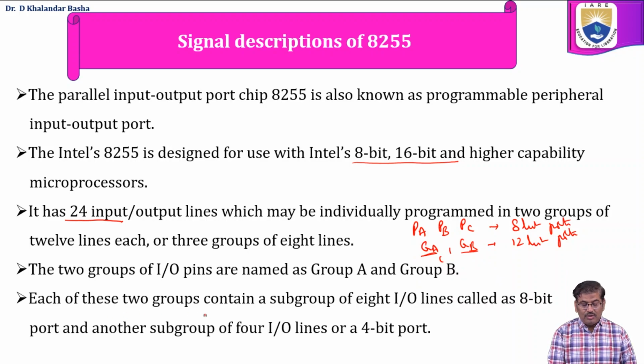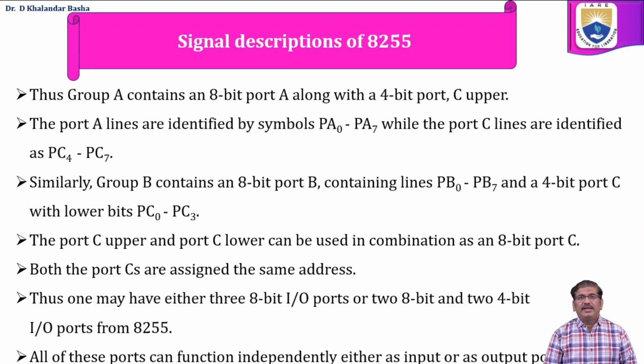Each of the two groups contains a subgroup of 8 I/O lines called 8-bit port, and another subgroup of 4 input-output lines, that is 4-bit port. Thus, group A contains an 8-bit port A along with a port C upper, that is from PC4 to PC7.